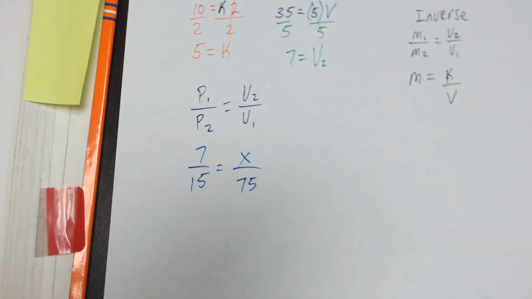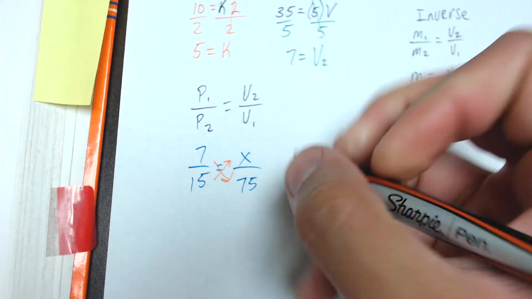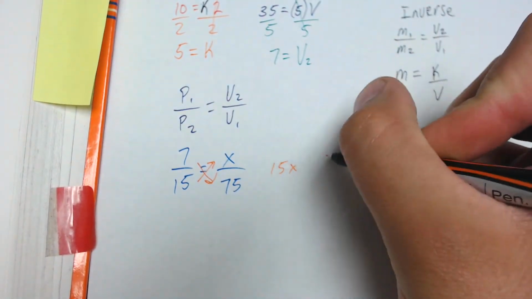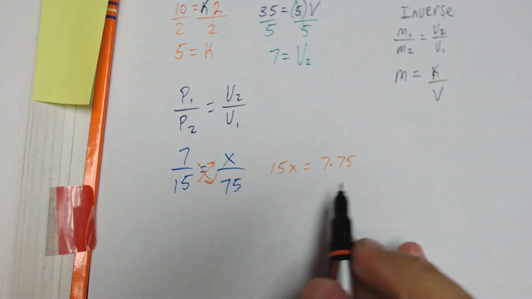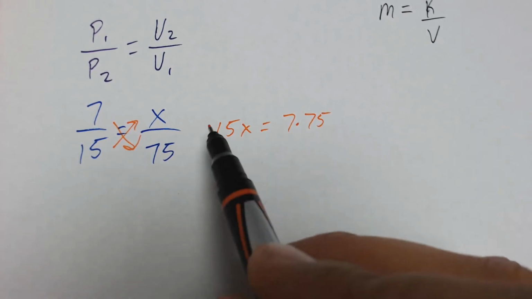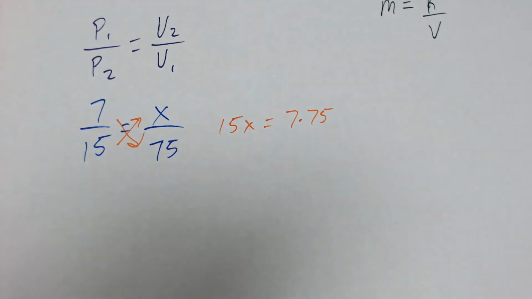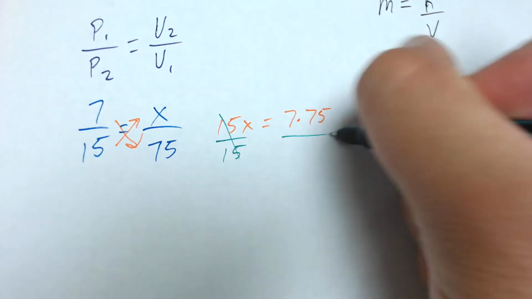All right. So I cross multiply. I get 15x is equal to 7 times 75. I'm going to leave this one unmultiplied because I can tell that 75 is a lot easier to divide by 15. So now I divide each side by 15.